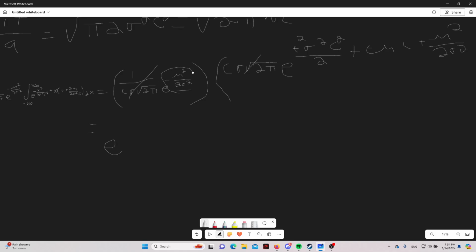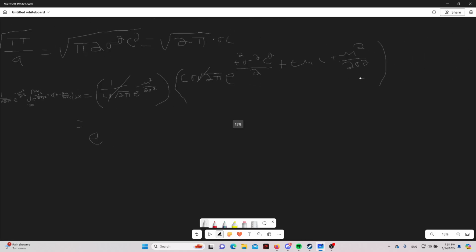So this is negative mu squared over 2 sigma squared, and this is positive mu squared over 2 sigma squared. So these two terms actually cancel each other out as well. And you're left with e to the t squared sigma squared c squared over 2 plus t mu c.